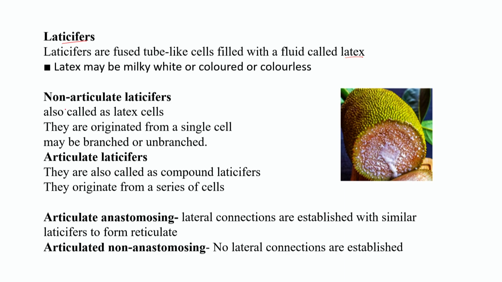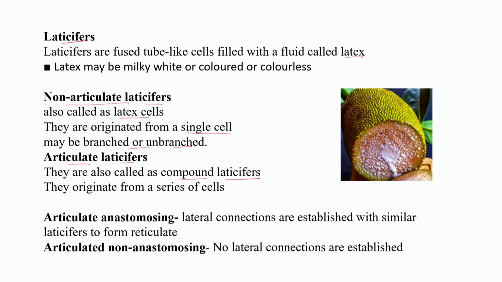Now, you can have two types: non-articulate laticifers and articulate laticifers. Non-articulate ones are basically known as latex cells, and they originate from a single cell, and they might be branched or unbranched, whereas articulate laticifers are known as compound because they originate from multiple cells. So that is the difference: one comes from a single cell and the other from multiple cells.